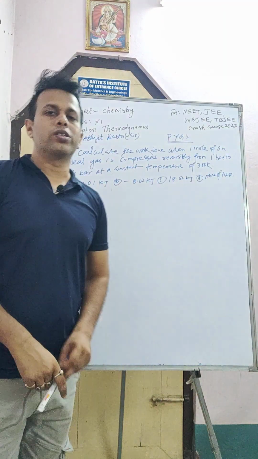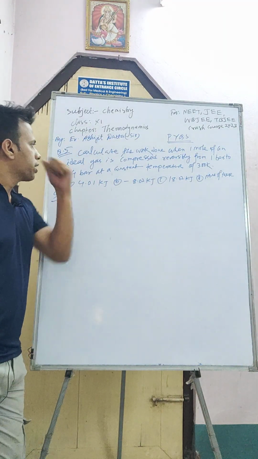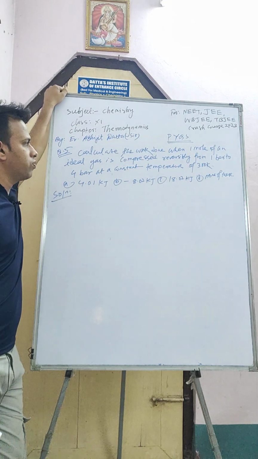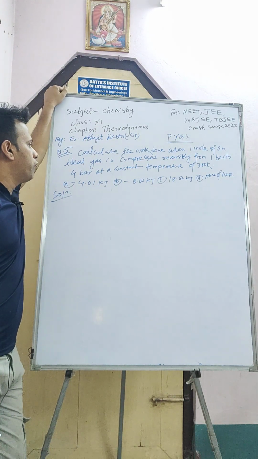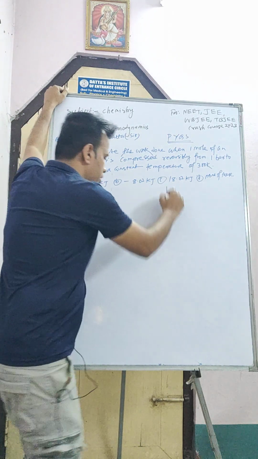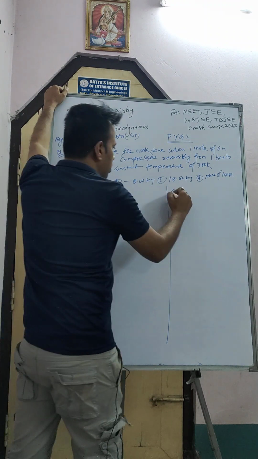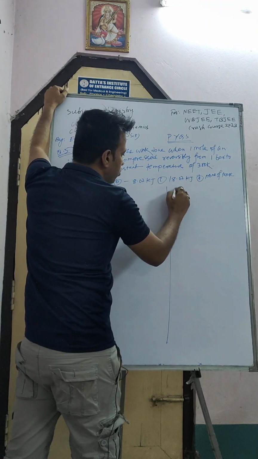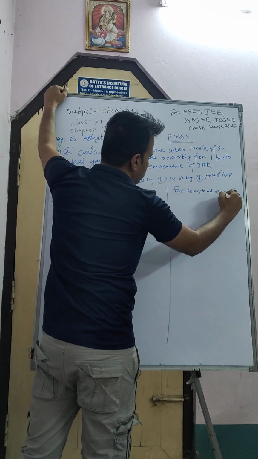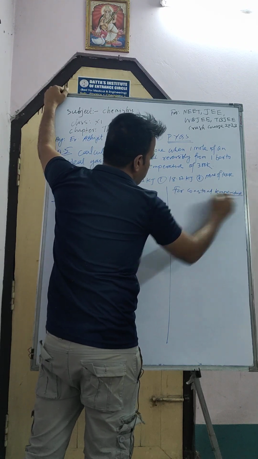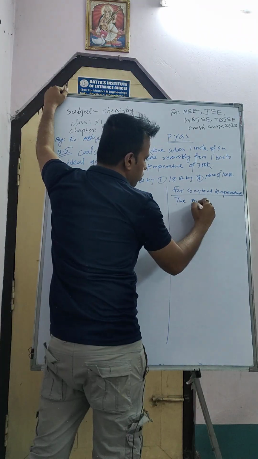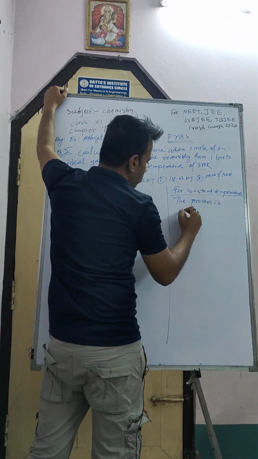So our next question, that is question number 5. Calculate the work done when 1 mole of an ideal gas is compressed reversibly from 1 bar to 4 bar at a constant temperature of 300 K. So here they mention constant temperature. For constant temperature, the process is isothermal.